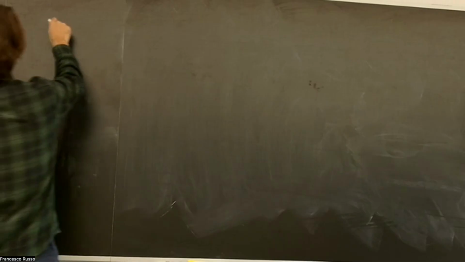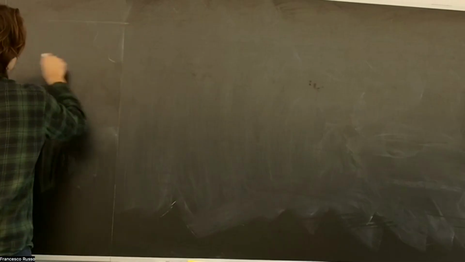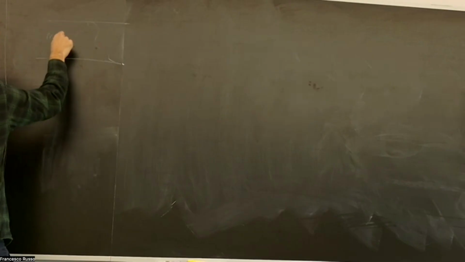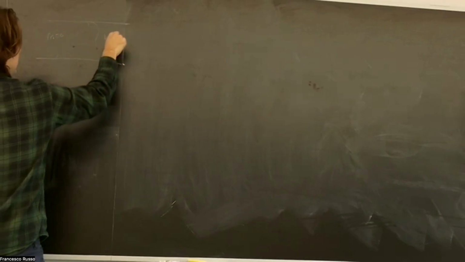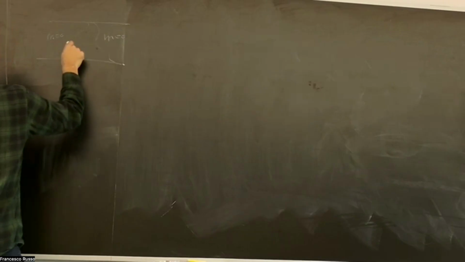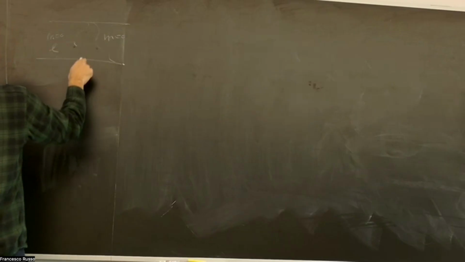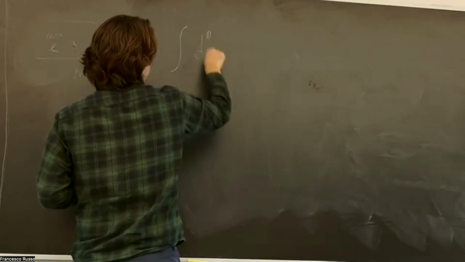Let me look at this integral, where these are two massless legs, m equals 0, m equals 0, and this is a massive leg with mass m, and this has momentum L. This integral only has one loop, so it looks very simple.